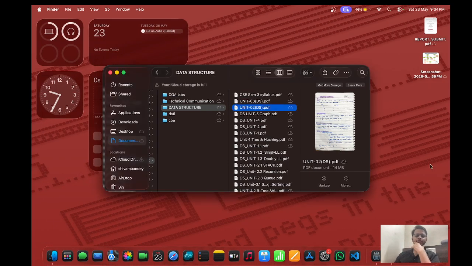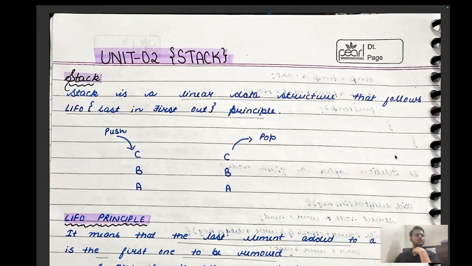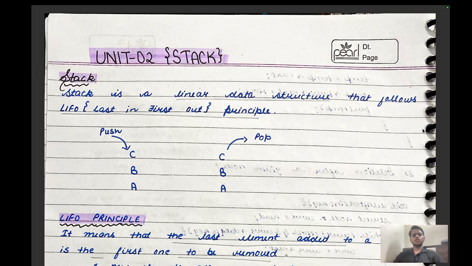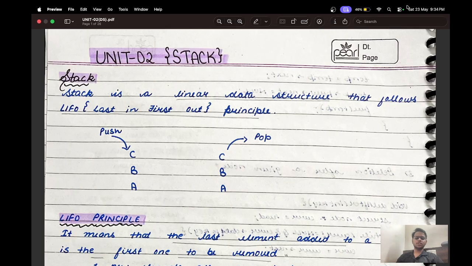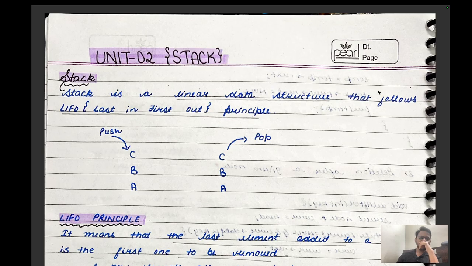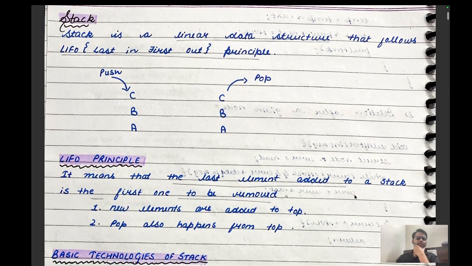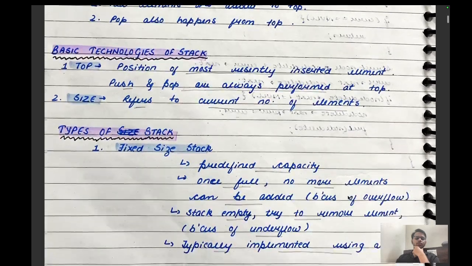In the last lecture, we covered the important concepts of data structures based on stack and queue, and various implementations based on these structures. For now, we are discussing the topic stack in detail. This topic comes in unit number two of your AKTU syllabus of semester 4. For stack, you are going to study different principles and terminologies used in stack.